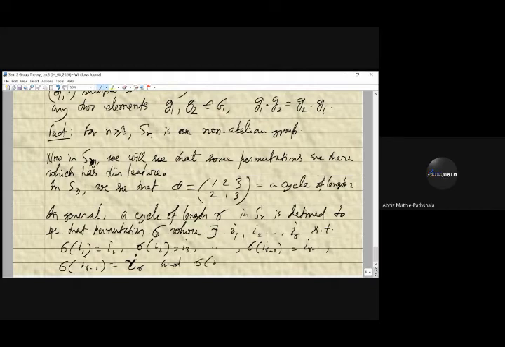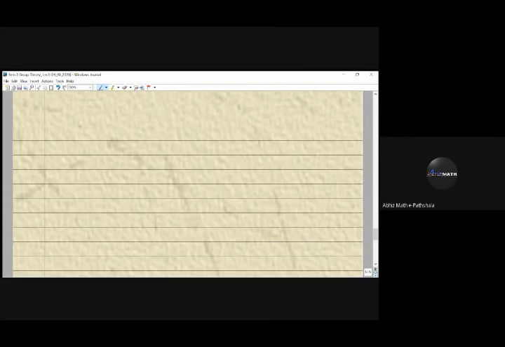And for all other k belonging to 1 to n minus {i1, i2, ..., ir}, it will fix that k, that is, sigma k goes to k. So that sigma is called a cycle of length r.